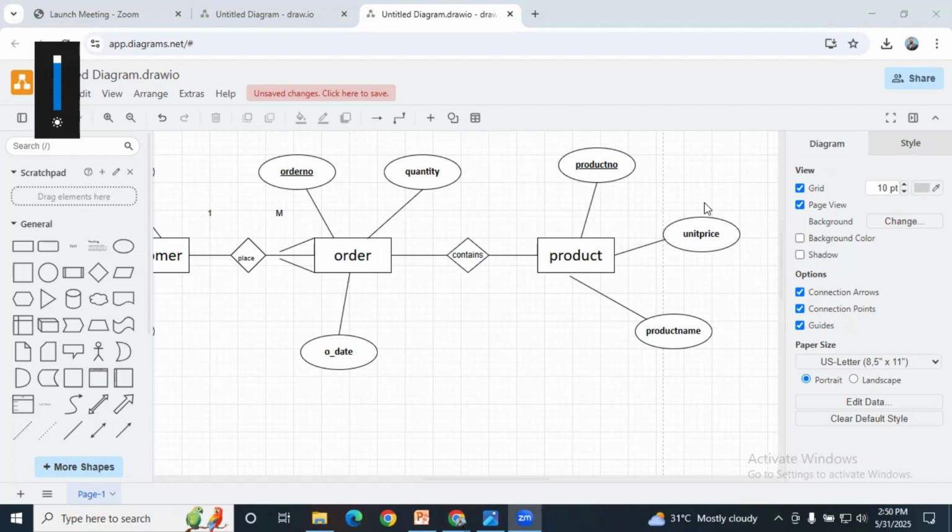An order can include several products. In the fourth line, they are saying an order can include several products.